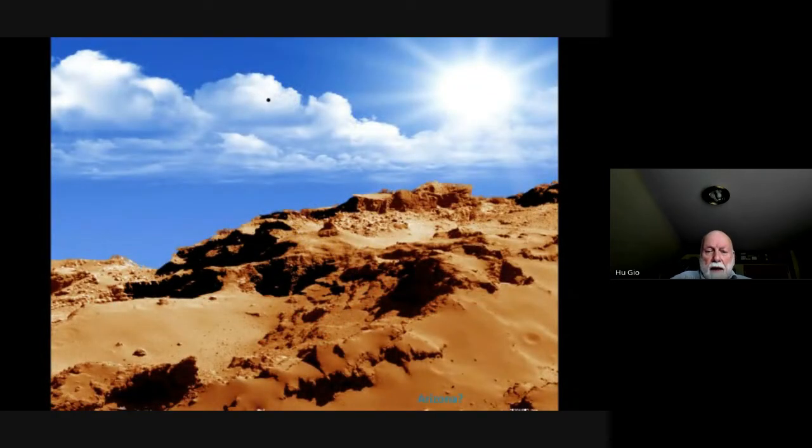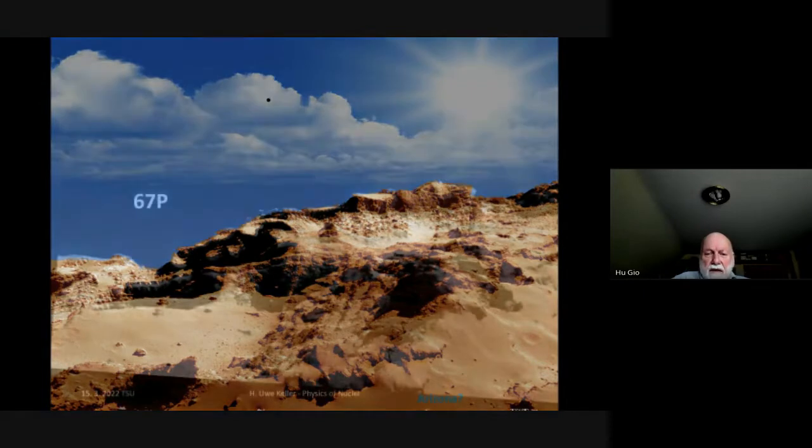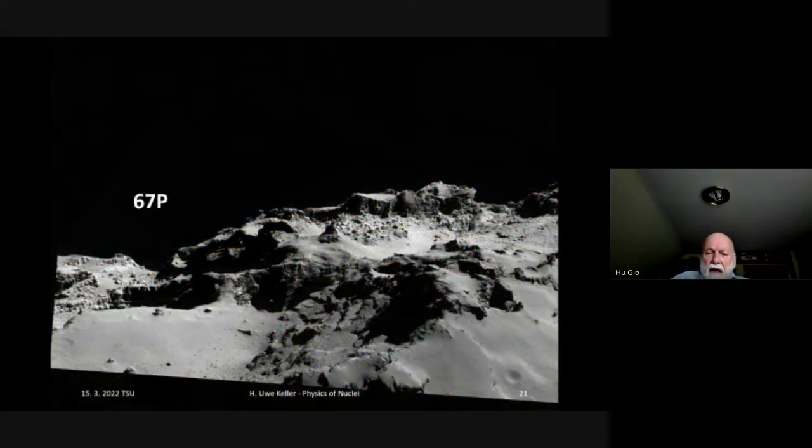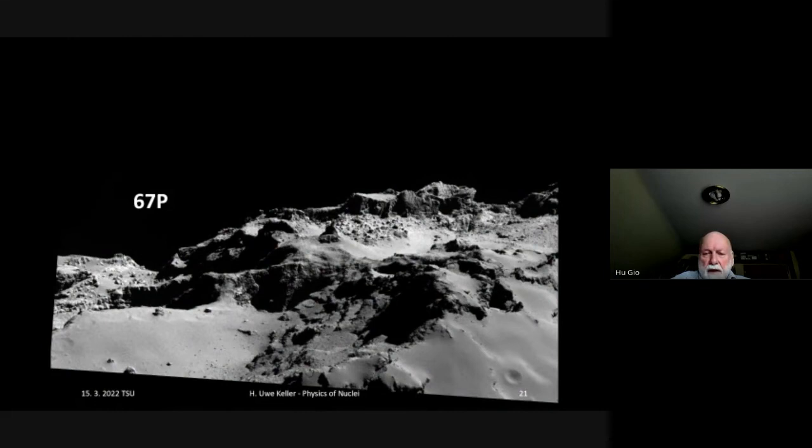So this is not, as you can see, a picture of my last vacation. What you see is really the rugged surface of the nucleus of 67P, very similar in the morphology and topology to what you can observe on Earth in many areas.